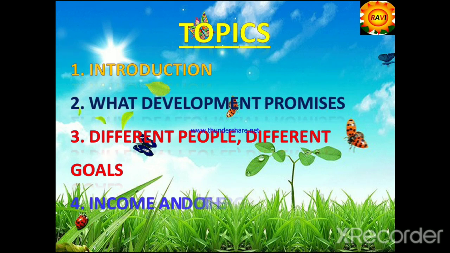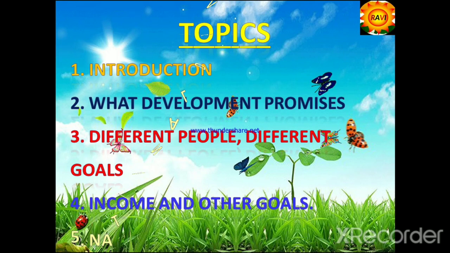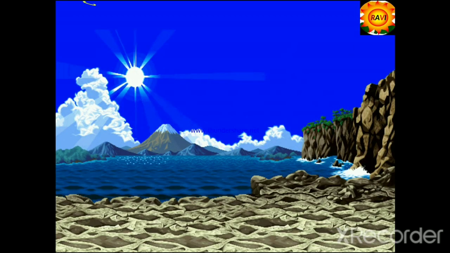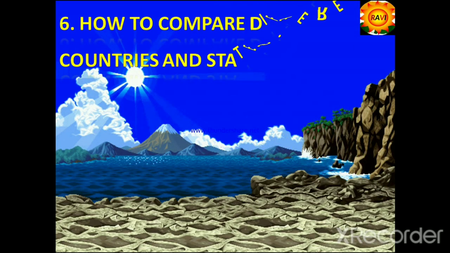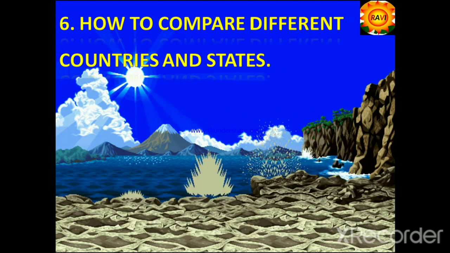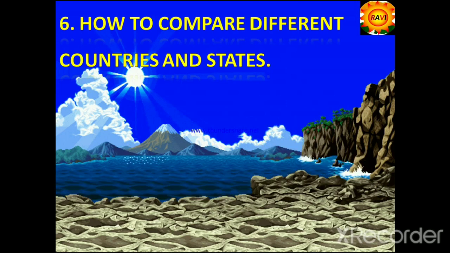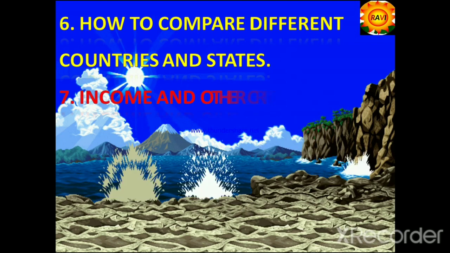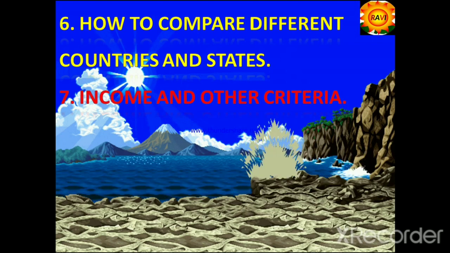That is the third topic. And the fourth topic is income and other goals. Fifth topic is national development. Sixth topic, under the development chapter, you are going to learn how to compare different countries and states. Then the seventh topic is income and other criteria.